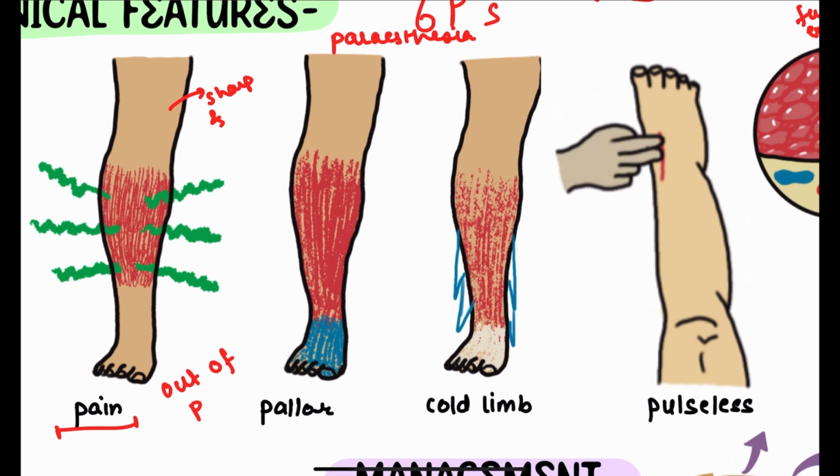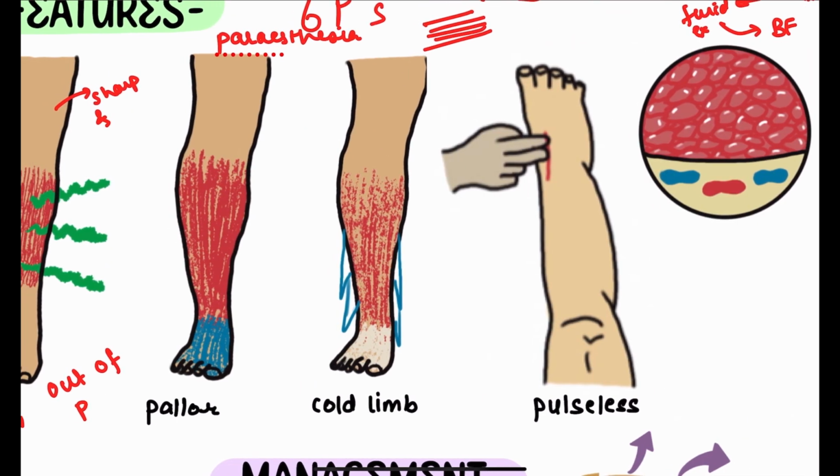In compartment syndrome, the legs or the affected area feel swollen and stiff like a piece of wood. The less common clinical symptoms are pulselessness. We have already seen that if the pressure within the compartment increases, the arteries collapse, due to which the distal arteries become weak, and because of that you cannot feel the pulse.